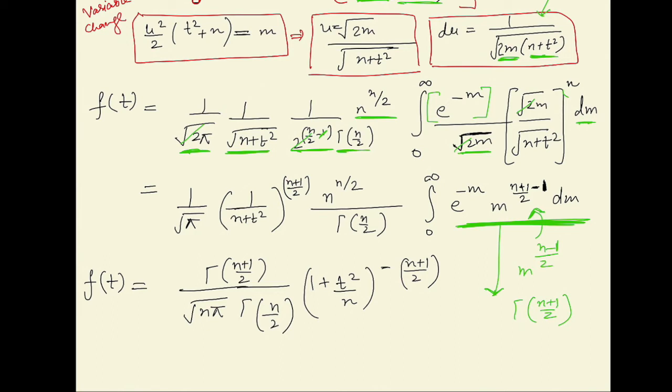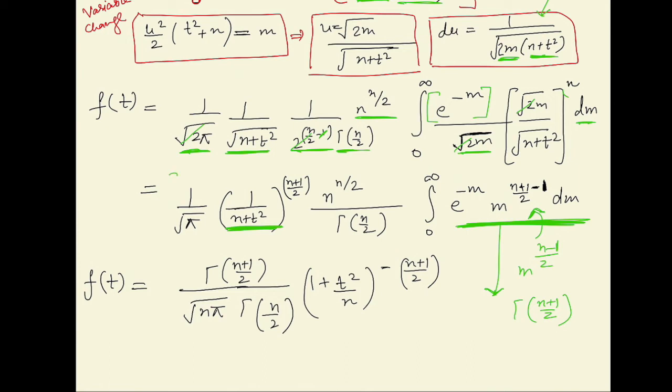What we are left with is root pi from here, and n plus t square raised to n by 2 from here and 1 by 2 from here, which gives us 1 divided by n plus t square raised to n plus 1 by 2, and n raised to n by 2 divided by gamma n by 2.